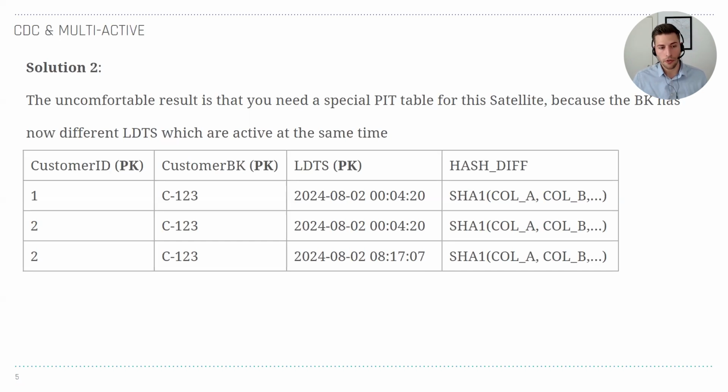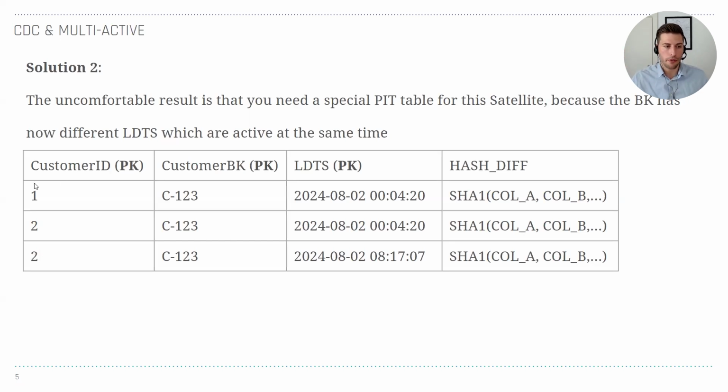What you could do here, which I didn't mention before, is the following in the loading procedure: as soon as you detect a change on a multi-active part of the customer, you also retrieve the other ones, right?